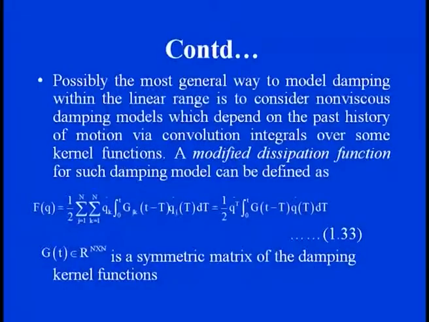Here we have a modified dissipation function for such damping cases, in which the forces are computed based on the multiple integral of q dot k, with the integration from 0 to t of G_jk(t − τ) q̇_j(τ) dτ, a continuous function of time, or else we can say that we have a symmetric matrix calculated based on some kernel function.